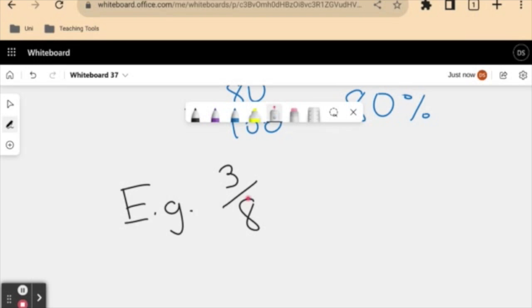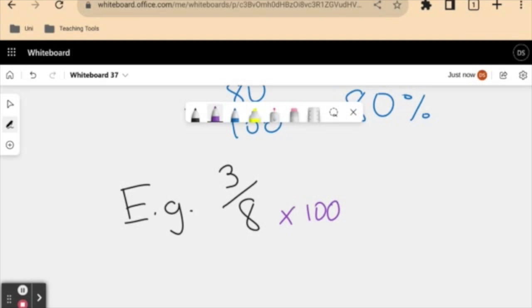Now, my first instinct would be, well, I need something in terms of 100. So why don't I multiply my 8 by 100? Because that'll give me 800 on the denominator.